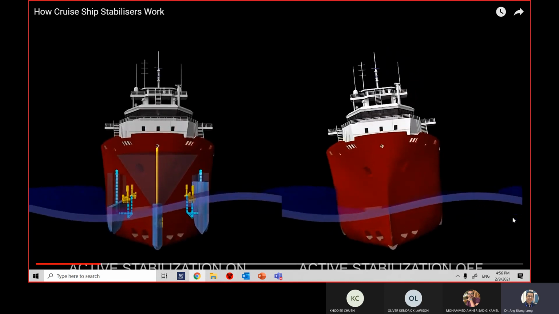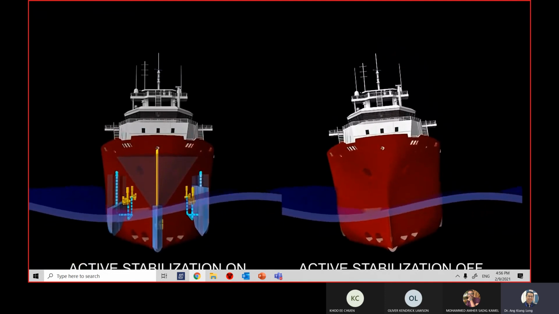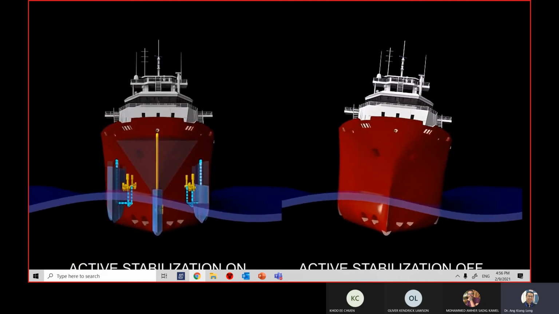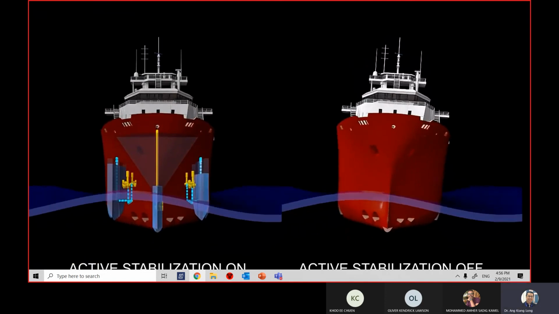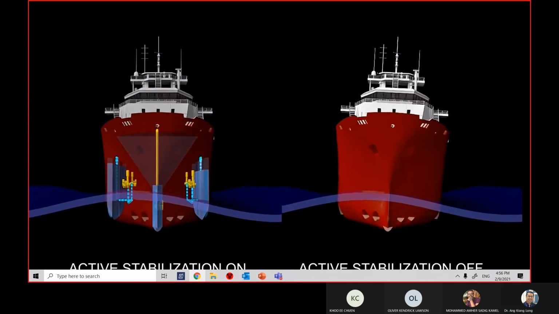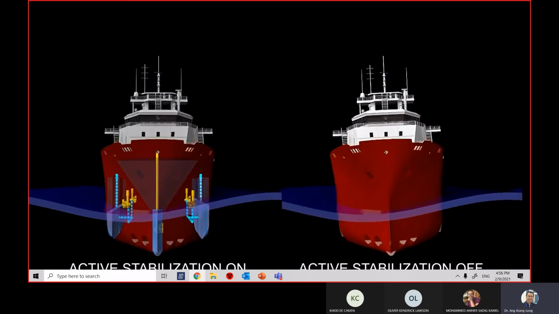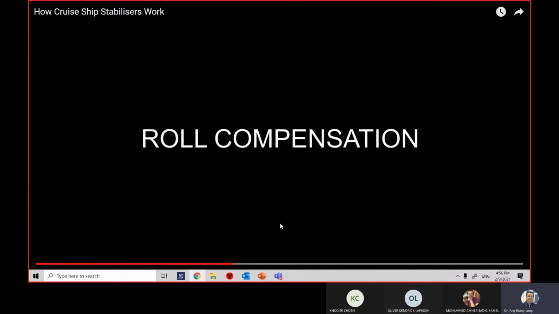If the ship tries to roll to the left, the system will fill up the water. It uses the concept of Archimedes, or buoyancy force, also. So you see the difference between the two. This is how the active stabilization works.